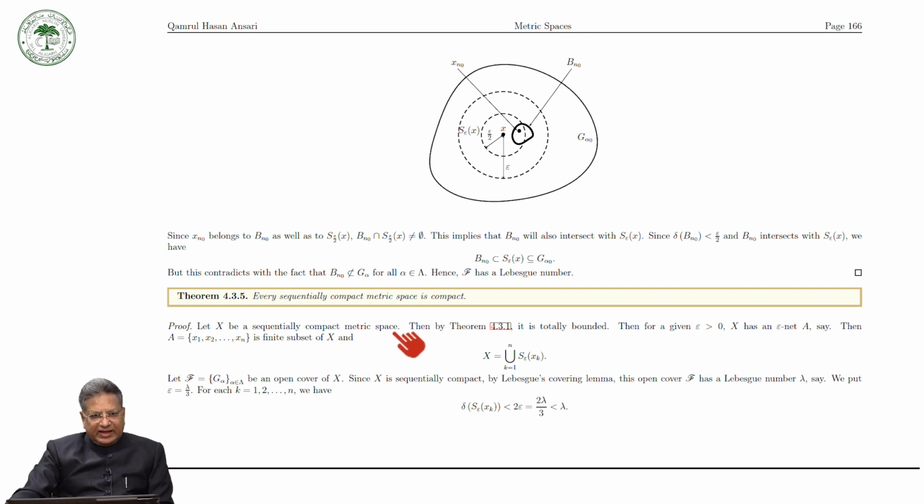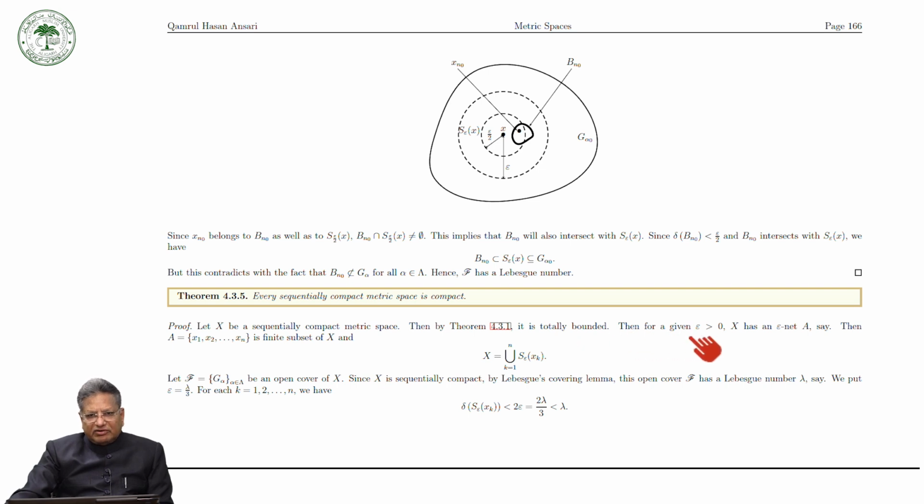We have proved that every sequentially compact metric space is totally bounded. So by the theorem, it is totally bounded. Totally bounded means it has an epsilon net.